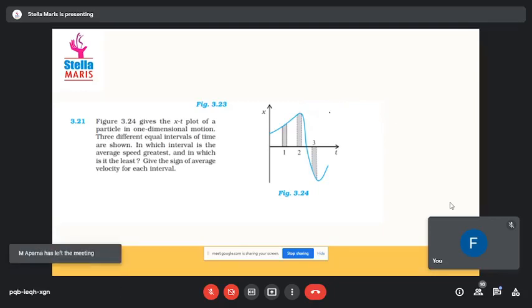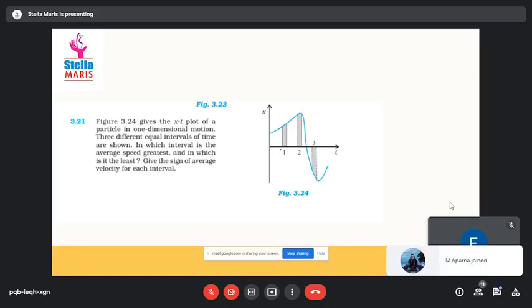What about the second one? What did you say, Mrinalini? You said plus. I guess the sign of average velocity is plus. Sir, what is del x? Del x is nothing but displacement.